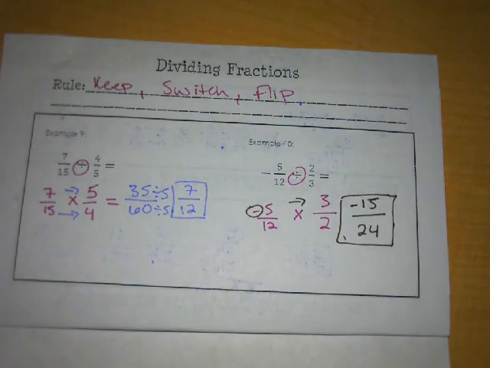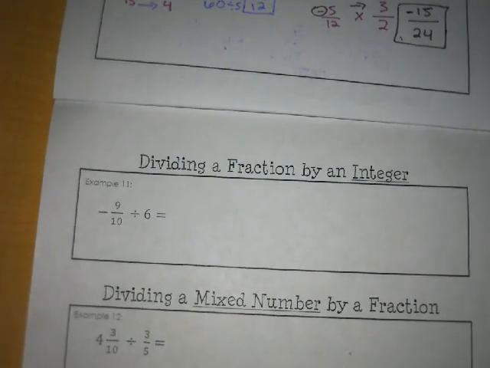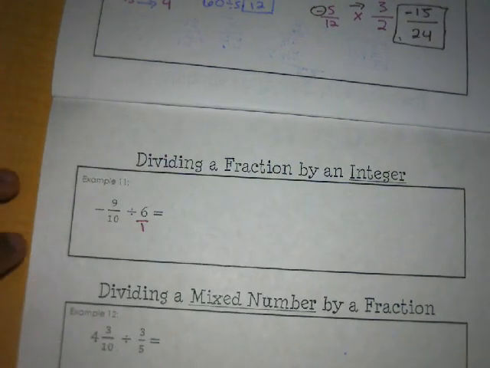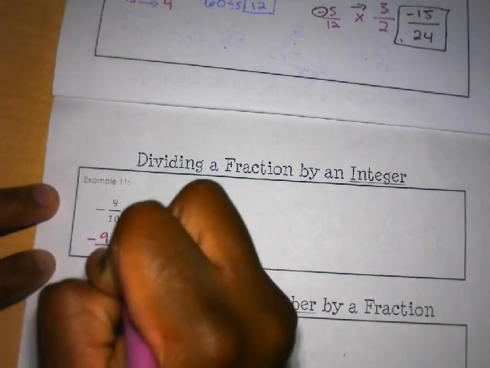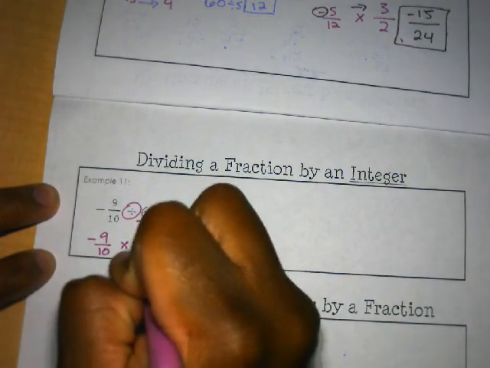Okay, so what would happen if you had a fraction and an integer, a fraction being divided by an integer? Well, just like we did for multiplication, you will put this number over 1. And so now it's a fraction. And so we keep the first fraction, -9/10, and then we switch the operation to multiplication, and then we flip this fraction to 1/6.